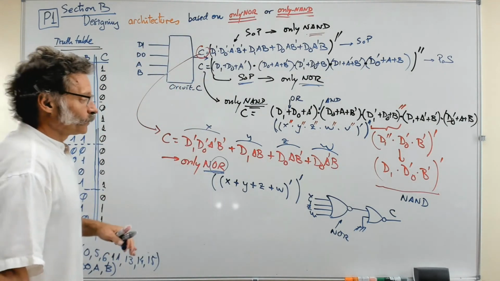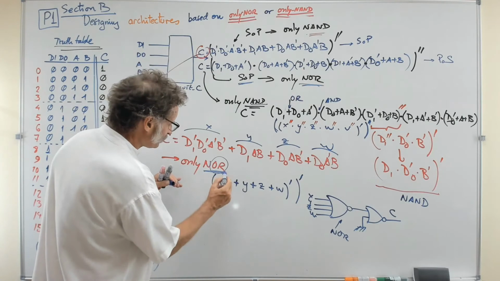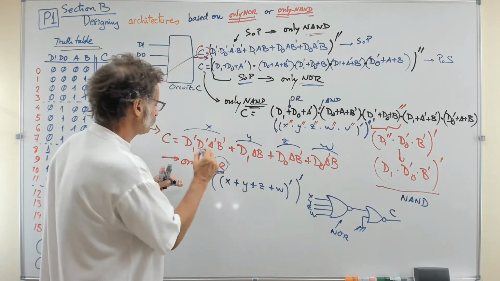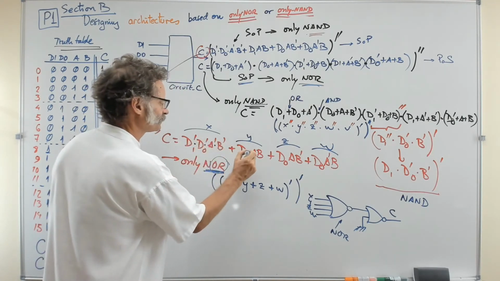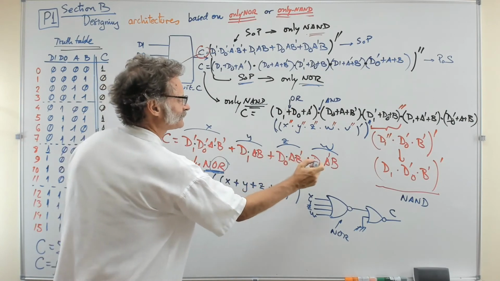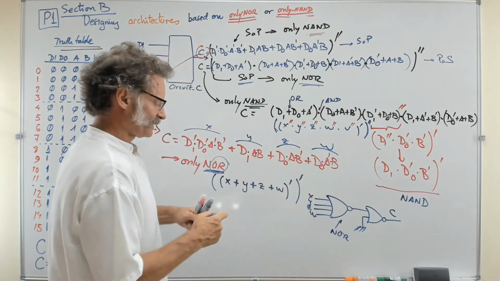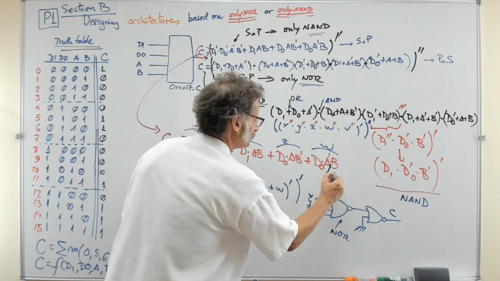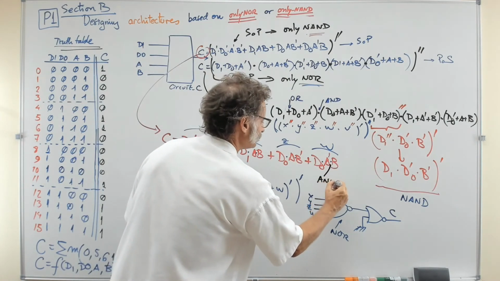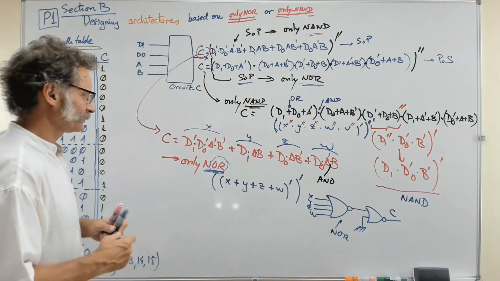And now what is left here, because you are interested in ORs, you have plenty of ANDs. That's the point. You have ANDs in every product. So you see how to transform the AND into an OR.